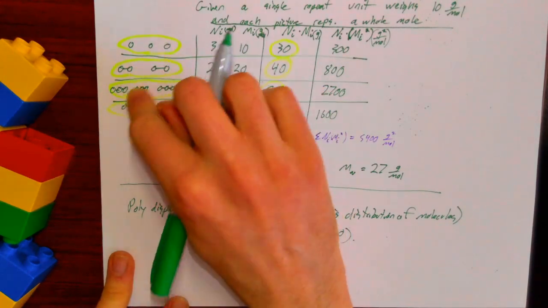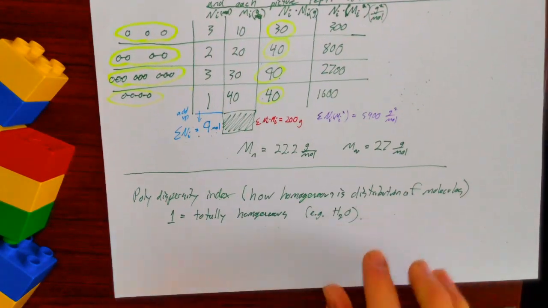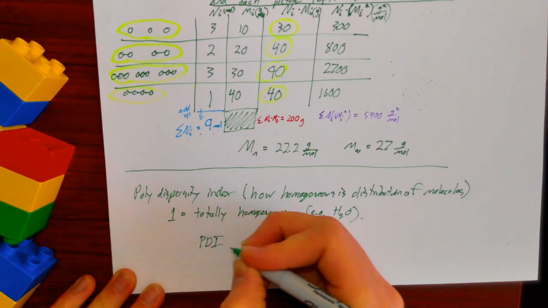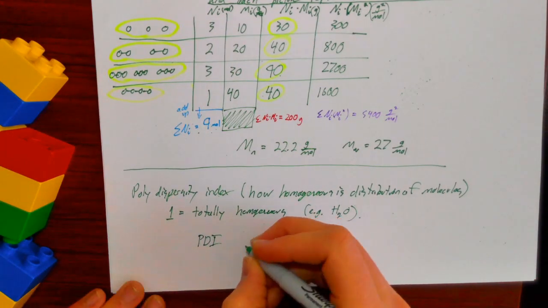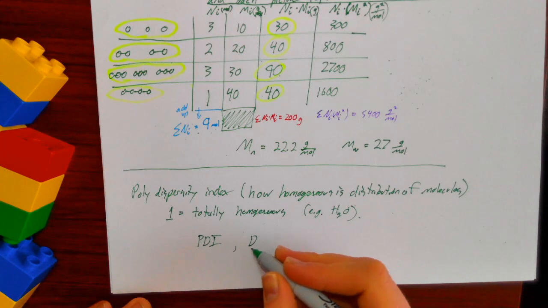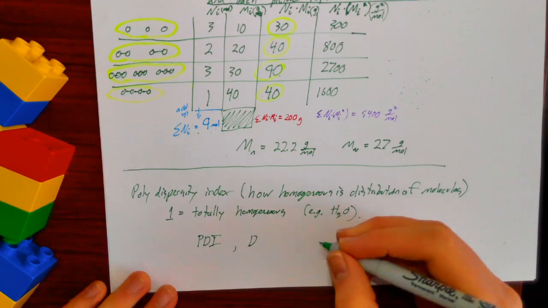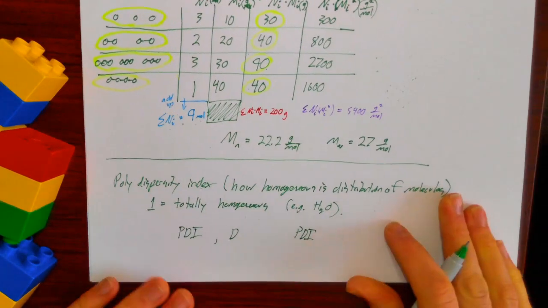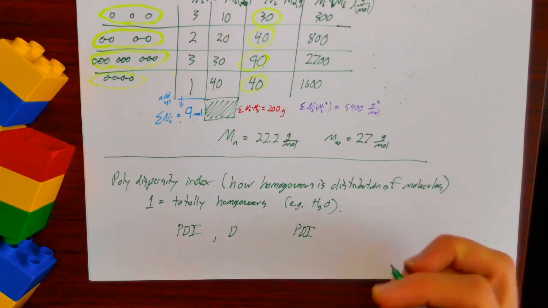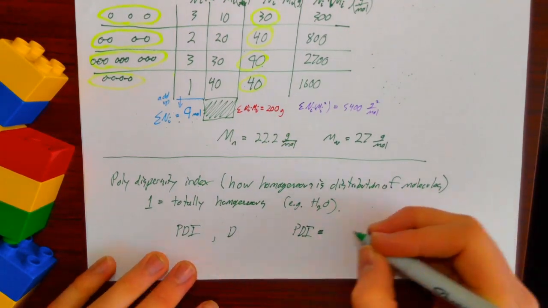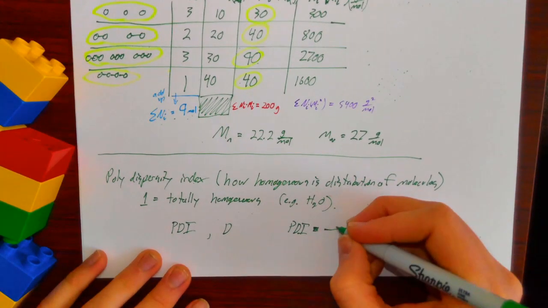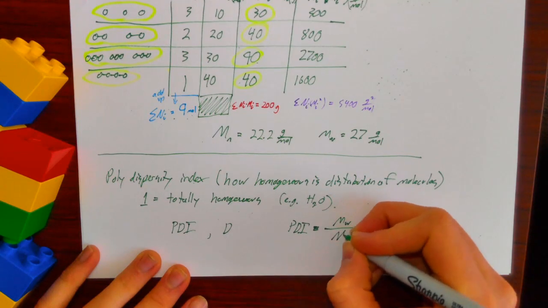But for something like this, we would get a different value. Some people call polydispersity index PDI, some people call it D, whatever. I like PDI since it more clearly brings out the definition. Polydispersity index is defined as M sub w over M sub n.